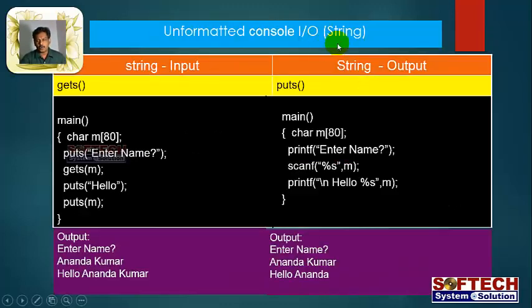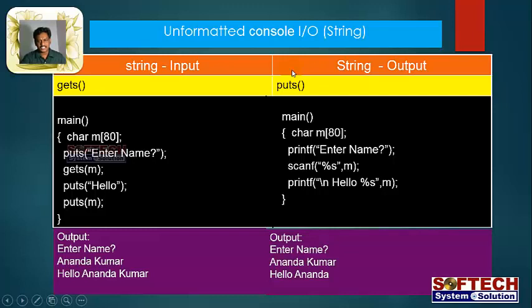Unformatted console IO string. Now we learn about string input output in unformatted console IO. We get a string from the keyboard and display a string on the monitor by using unformatted console input output functions. What are the unformatted console input output functions?